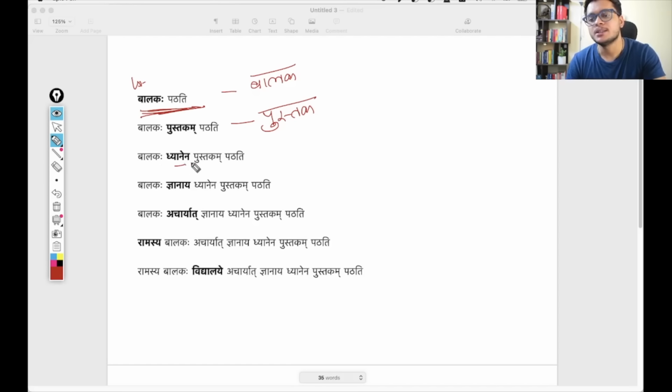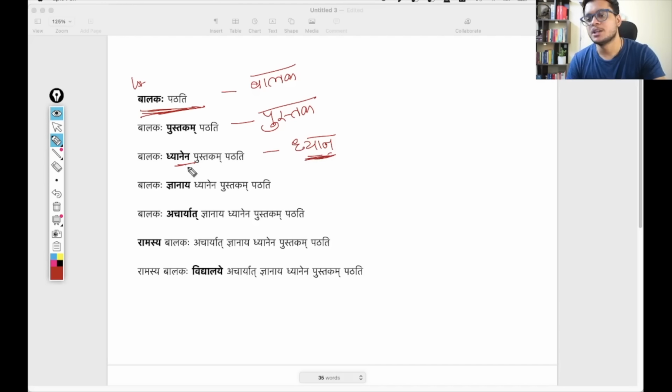Let's add one more thing. Balakah dhyanena pustakam patati. Okay. Now the base word dhyan, this word means attention or focus. So I want to convey that Balak, the boy, reads the book with focus, with attention. So we saw, whenever this is the sense, that with something, without something, through something, by something, that noun changes into its third form.